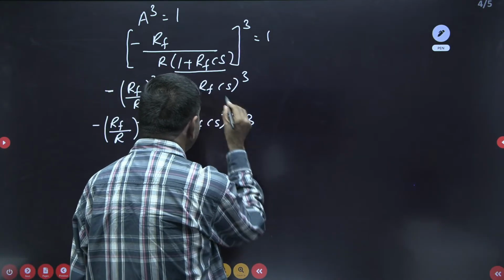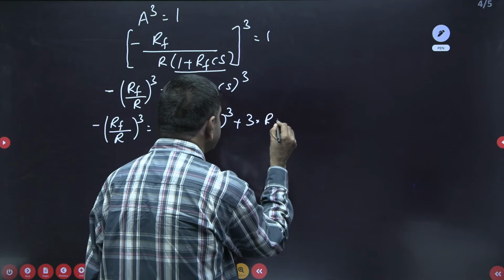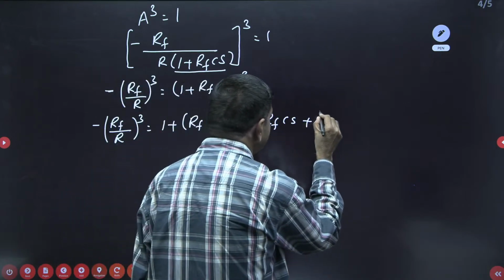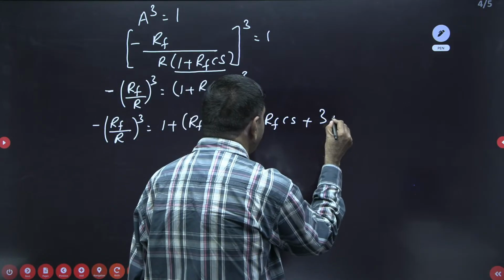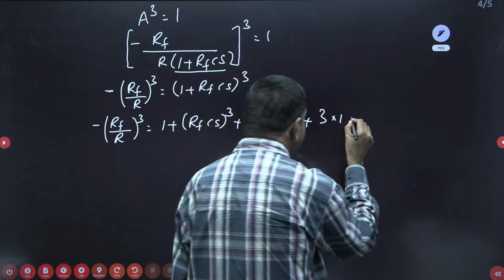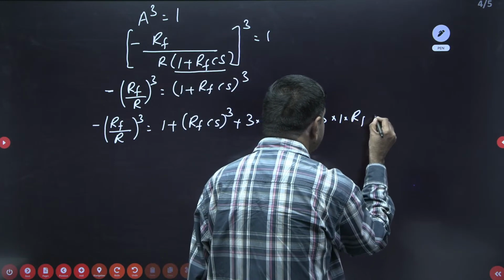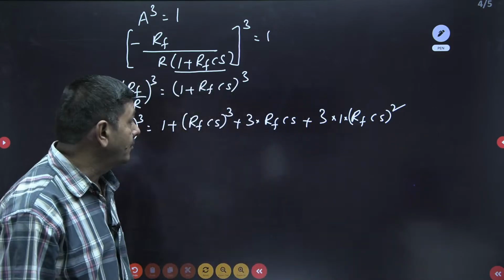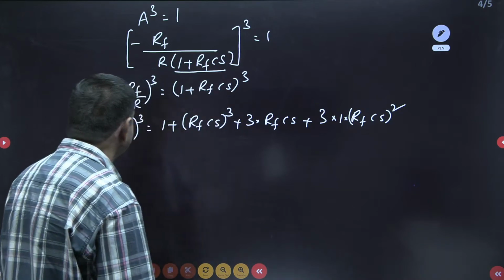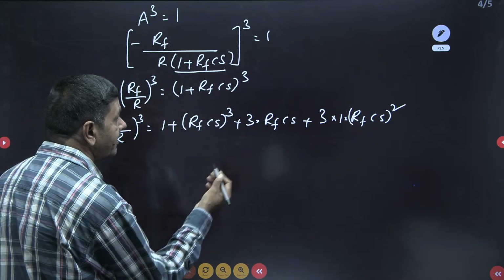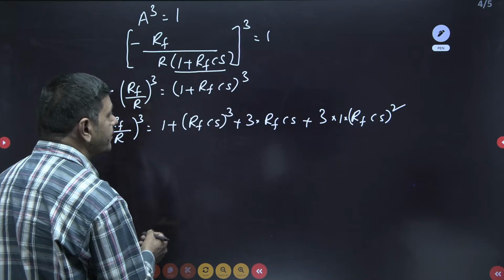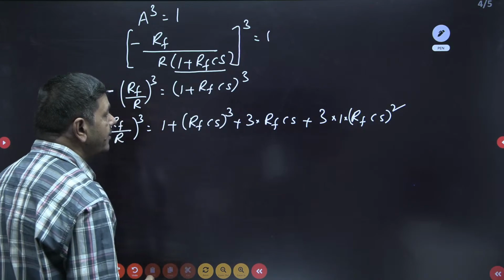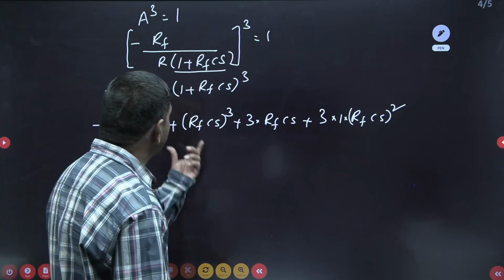A square is 1, so A square B means RFCS, and 3AB square is 3 into 1 into RFCS whole square. I can expand it this way. Can I simplify any more? I can't simplify anymore.